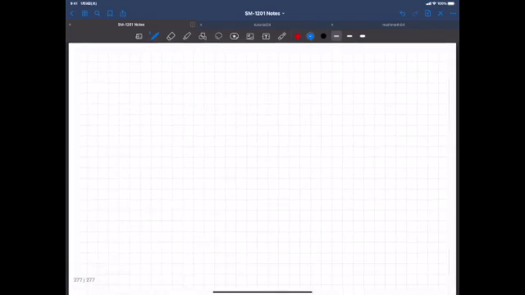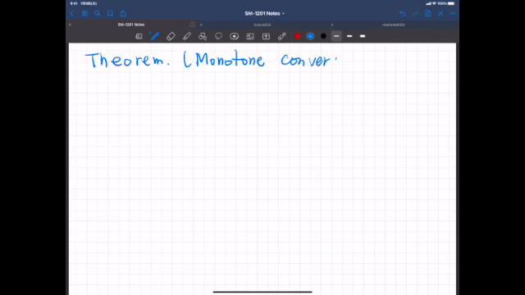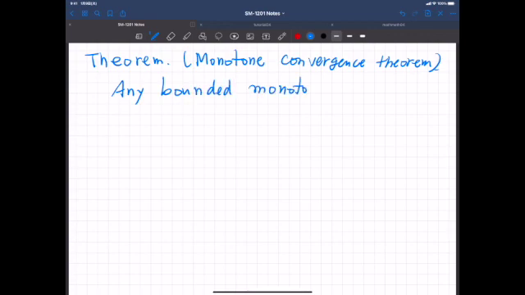This is a theorem called the monotone convergence theorem, which says any bounded, and this is important, bounded monotone sequence converges.